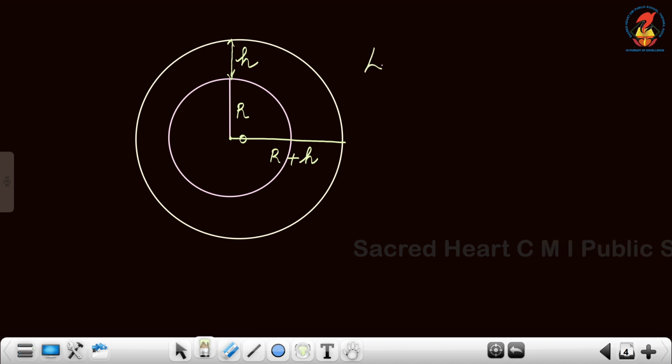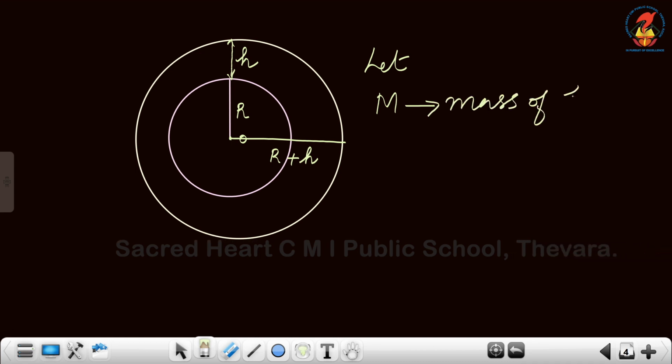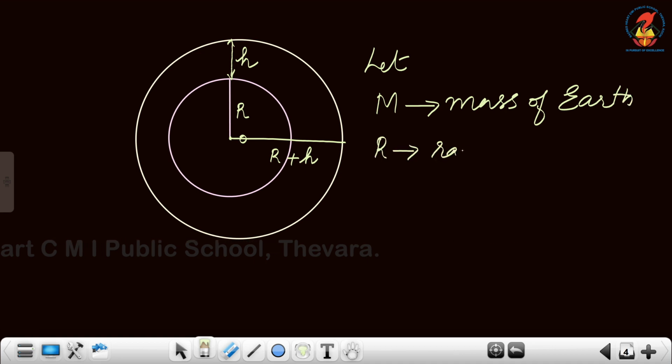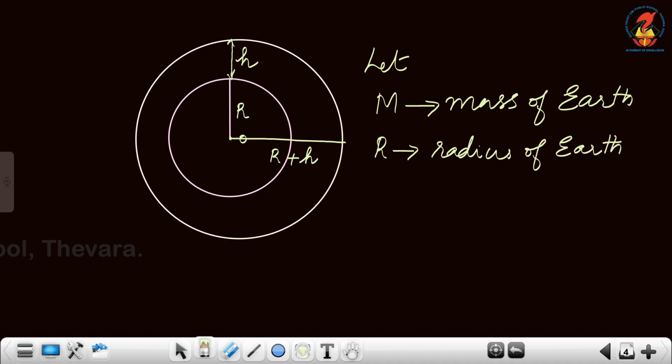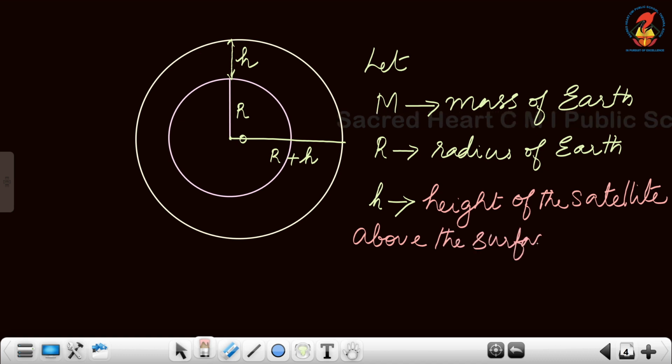So let M be the mass of the earth, r the radius of the earth, h the height of the satellite above the surface of the earth.